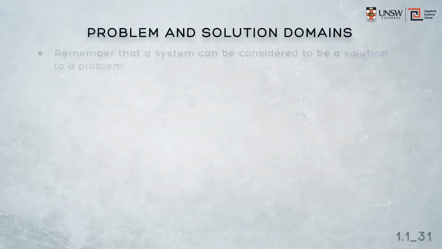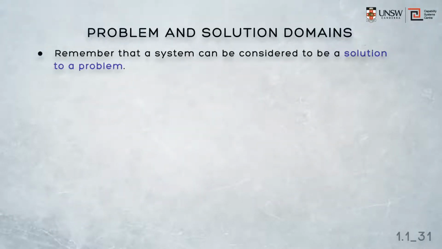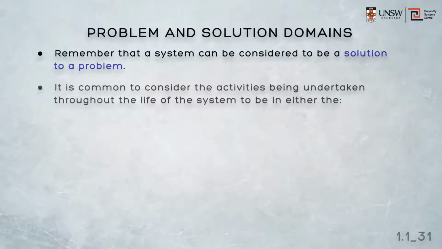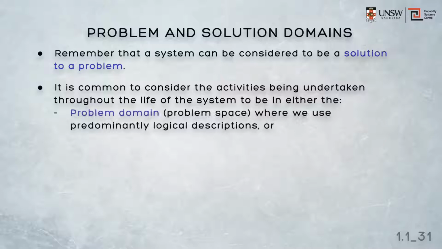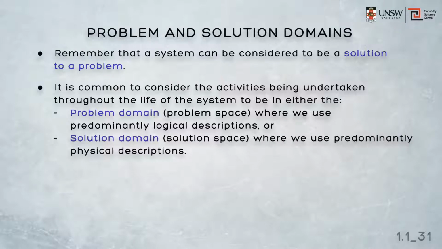We can complete our introduction to the nature of systems by returning to one of the early observations that a system can be considered to be the solution of a problem. As well as viewing the system descriptions in logical and physical terms, therefore, it's common to consider the activities being undertaken throughout the life of the system to be either in the problem domain, the problem space, where we use mainly logical descriptions, or the solution domain or the solution space, where we use mainly physical descriptions.